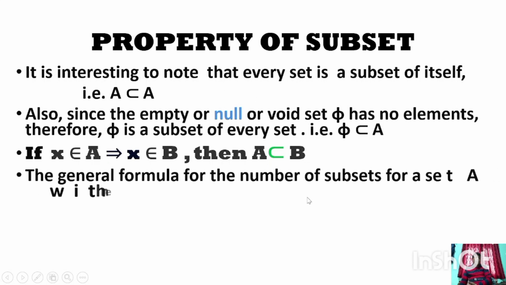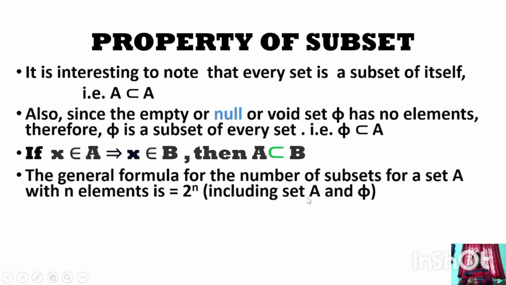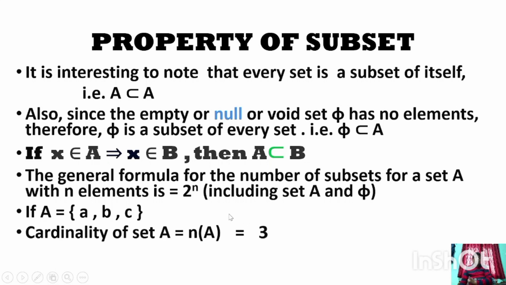The general formula, a very interesting formula: the number of subsets of a given set A with n elements. Suppose a set has n elements, the total number of subsets, note down here, is 2 to the power n, including the set A and the phi set. Right? So if A is equal to {a, b, c}, suppose the set A has 3 elements. So the cardinality of the set A is what? n(A) is 3.